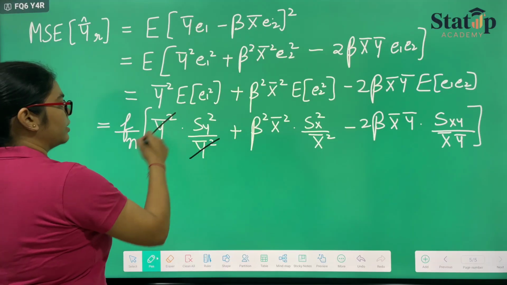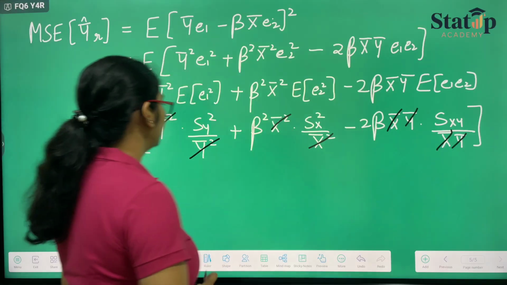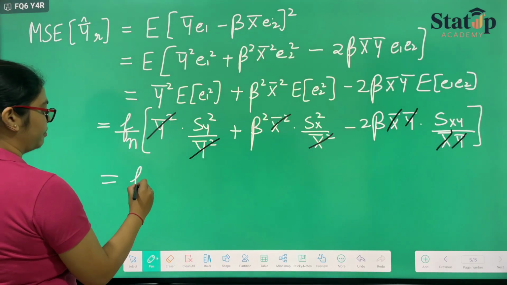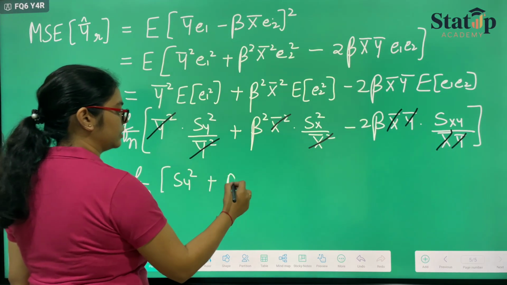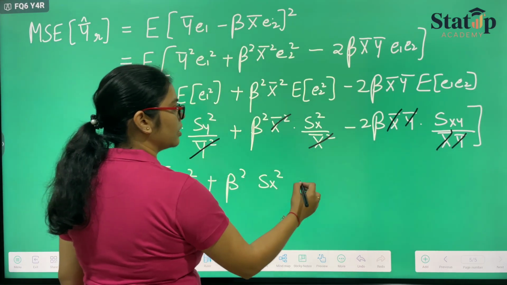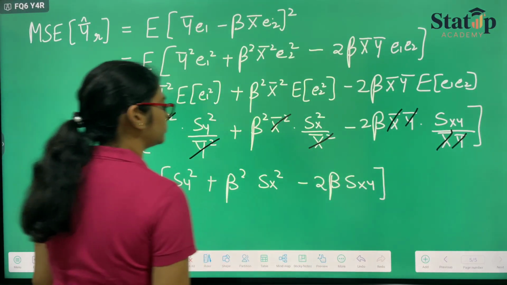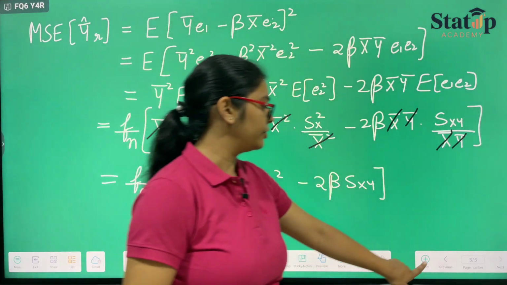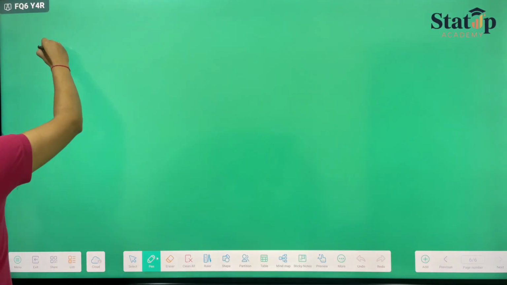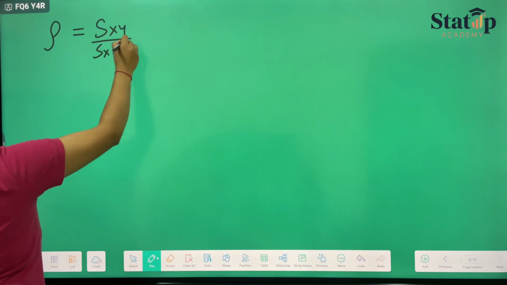Now here Y bar square and Y bar square, X bar square and X bar square, X bar Y bar and X bar Y bar get cancelled, and we are left with f by n into Sy square plus beta square Sx square minus 2 beta Sxy. We know that rho is the correlation coefficient, which can be written as Sxy upon Sx into Sy.